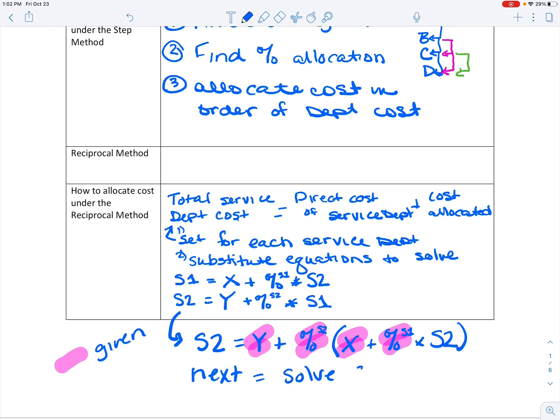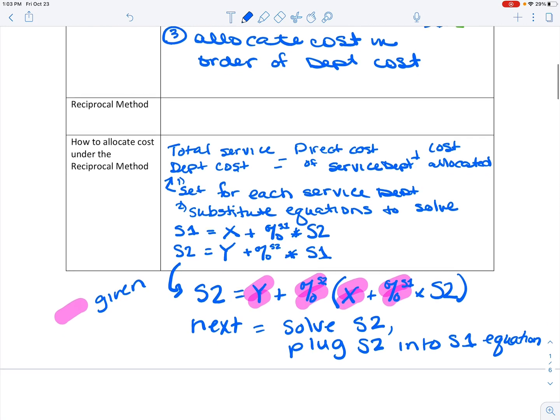So you're going to solve for S2 and then plug S2 into your S1 equation. Again, this is a little bit more difficult to talk through than to show. We'll go through an example of this.